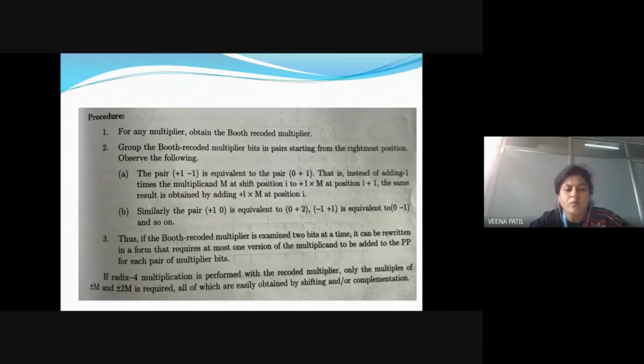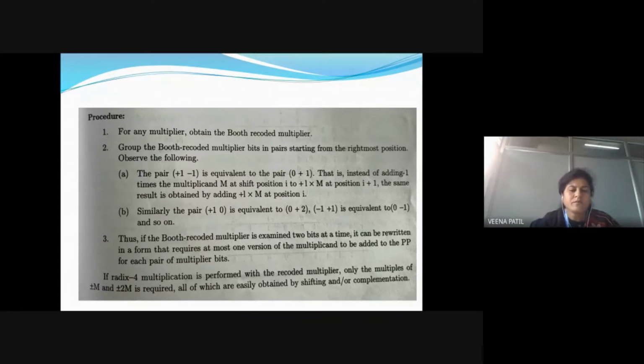Thus, if the Booth recorded multiplier is examined 2 bits at a time, it can be rewritten in a form that requires at most one version of the multiplicand to be added to the partial product for each pair of multiplier bits.